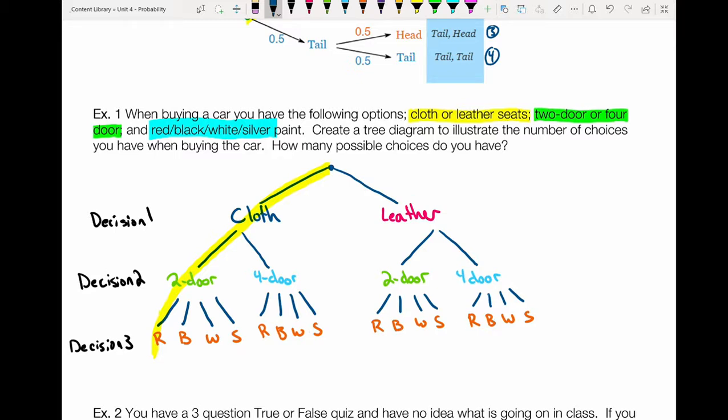So in total, there would be 16 possibilities, or 16 possible choices for choosing a car in this scenario. And that's how we use the tree diagram.